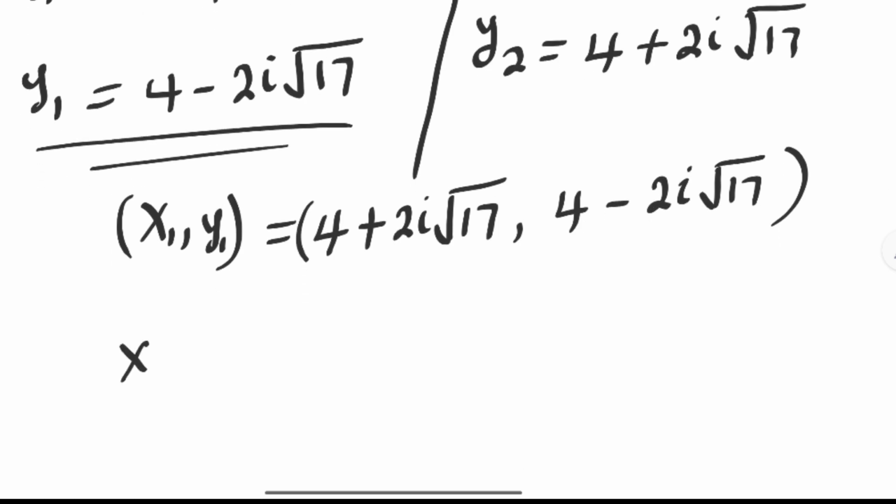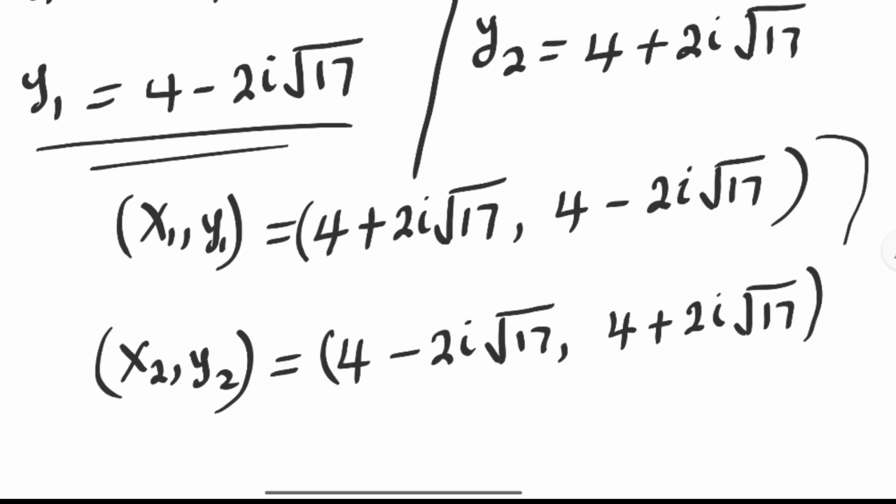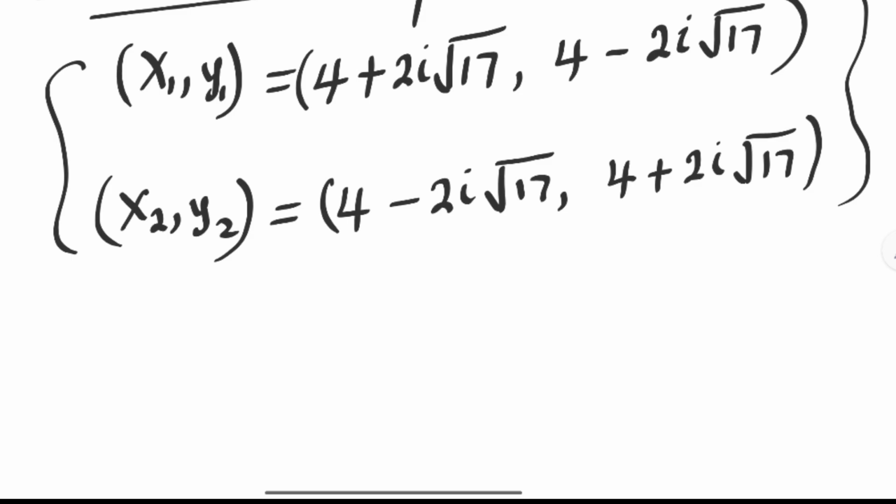Then x2, y2 is equal to 4 minus 2i square root of 17, 4 plus 2i square root of 17. These are the final answer. We may check to confirm if this answer is right or wrong.